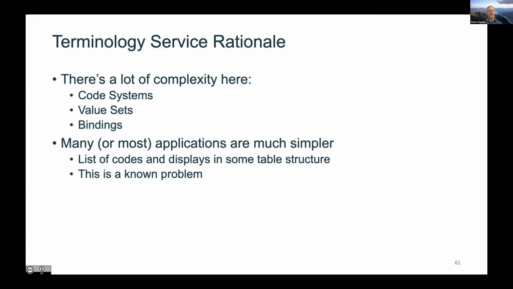Terminology can be quite complex, with hierarchies like SNOMED has, and you've got all these code systems, value sets, and bindings. But most applications, or at least many of them, are quite a bit simpler, and they basically have lists of codes and displays in some kind of table. This is a known disconnect, and we try to use terminology services to help solve that problem.